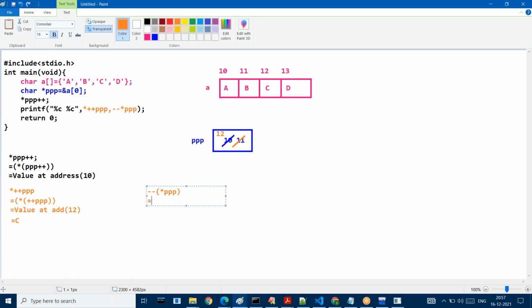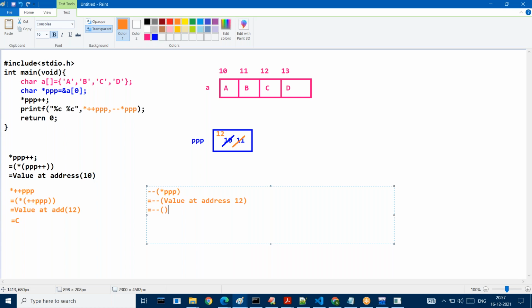Star PPP is value at address 12, because PPP's updated value is 12, right?